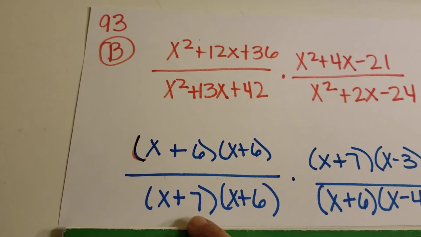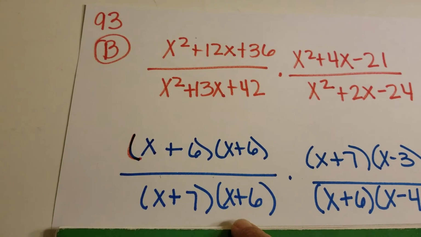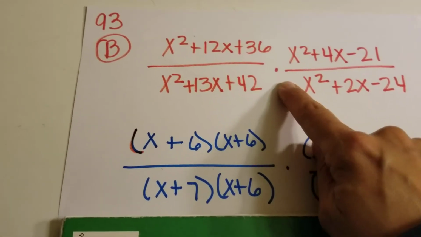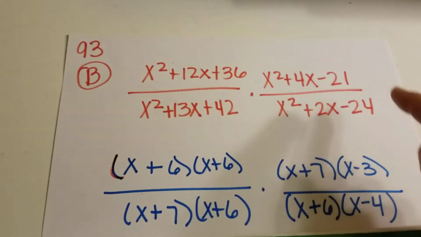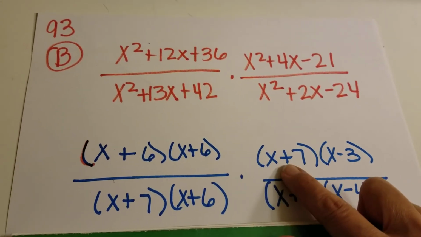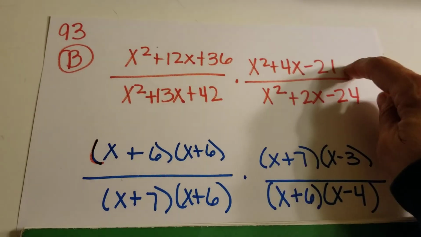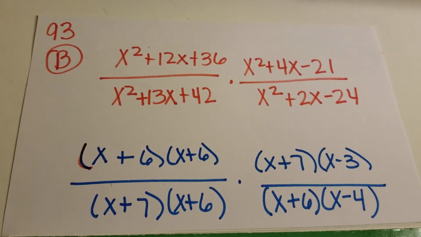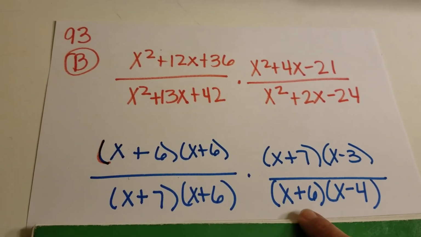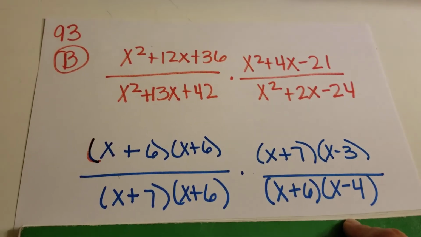We have x plus 7 times x plus 6. That comes from here. This is a multiplication problem, so we don't flip it. We keep our numerator and denominator in their proper placement. So this x plus 7 times x minus 3 is for that. And then x squared plus 2x minus 24 becomes x plus 6, x minus 4.